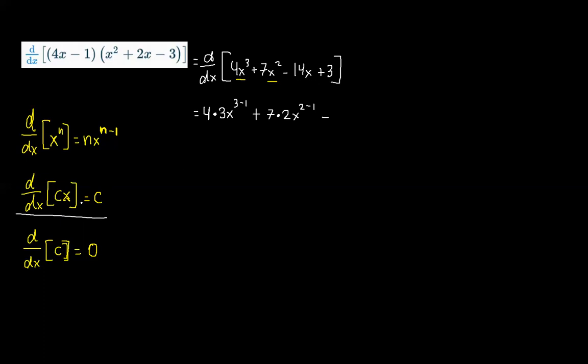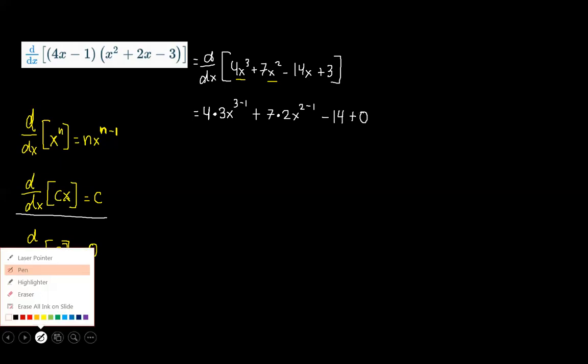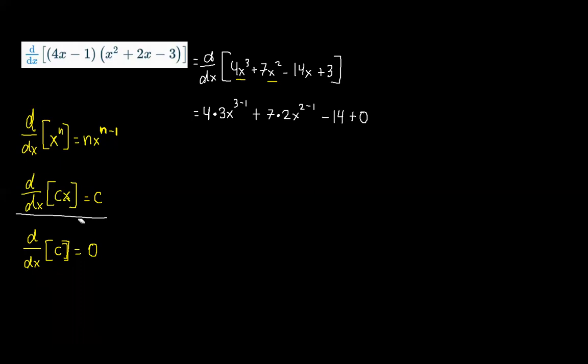The derivative of cx is c, the coefficient of x. Therefore, the derivative of negative 14x is just negative 14. Then lastly, we have a constant term of 3. If you get the derivative of 3, it will result in 0 because 3 is a constant term. Hence, the answer for that is just 0.